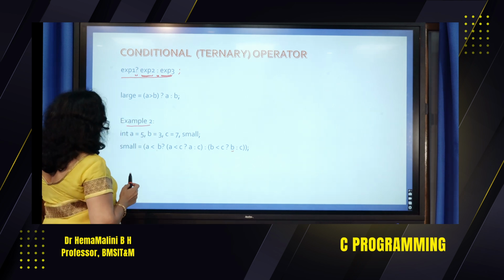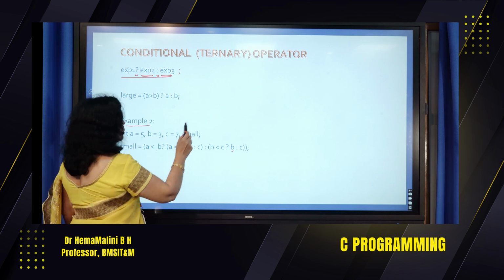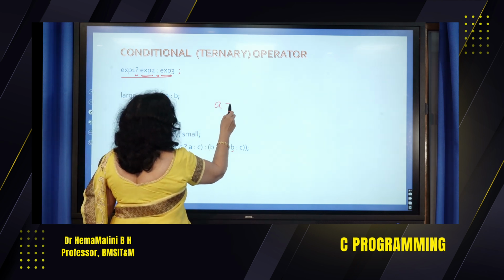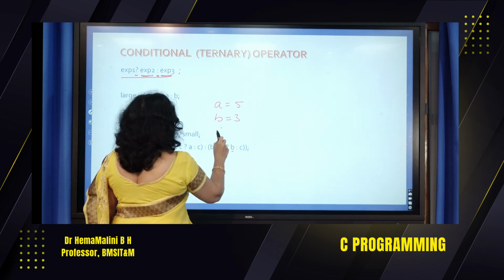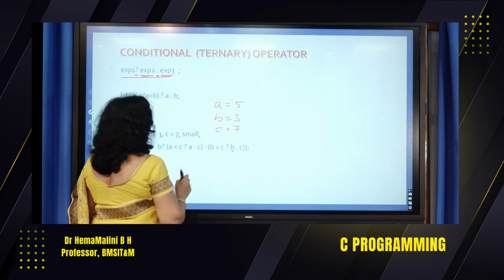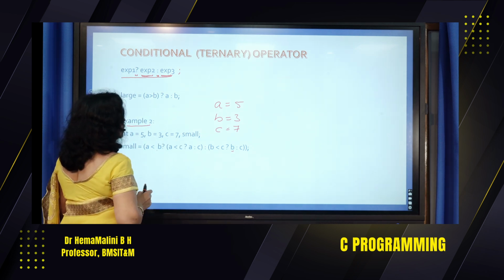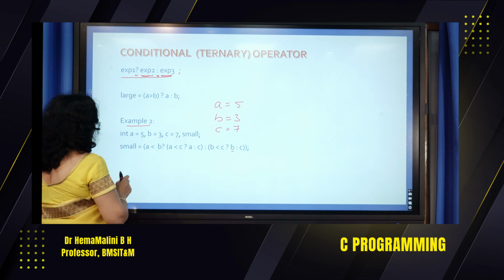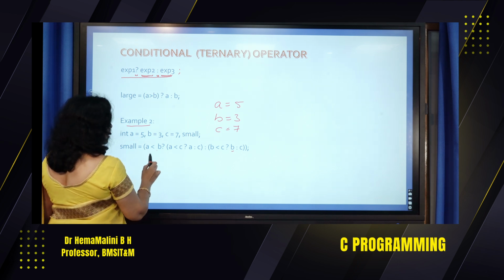Now let's take a second example. There is an integer a equals 5, a is 5, b is 3, c is 7. So out of the three values, we have to take the smallest value. So we have the ternary operator. What is a?